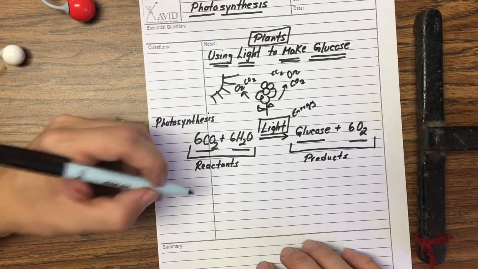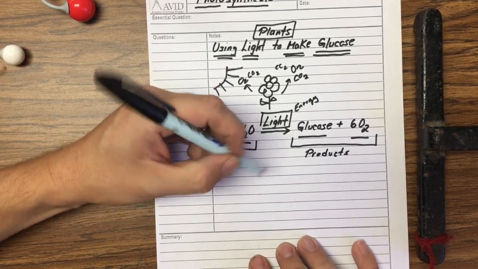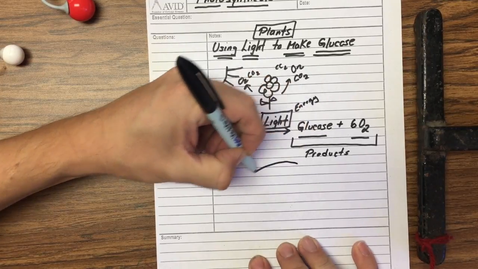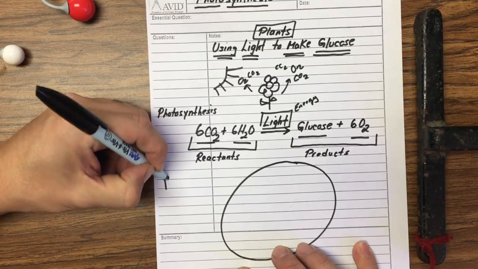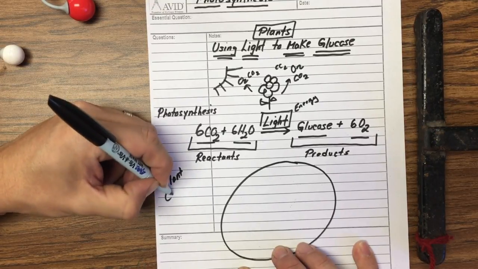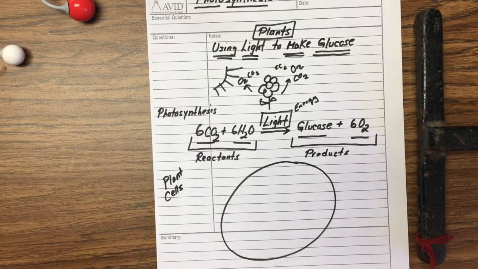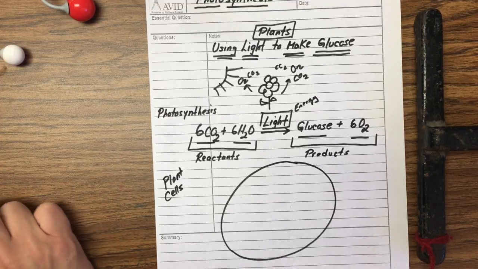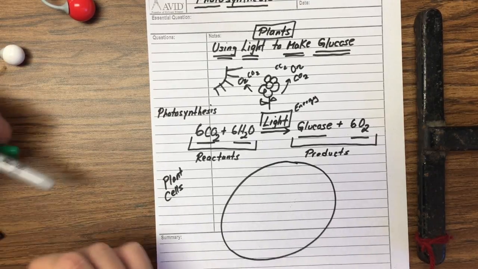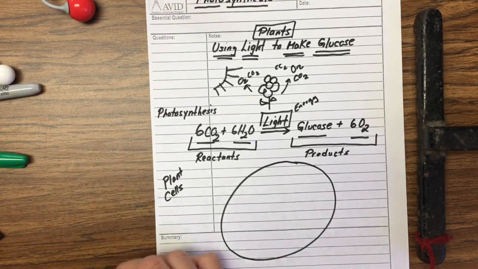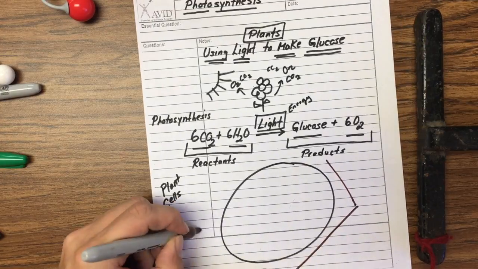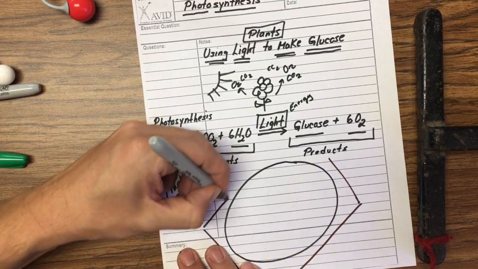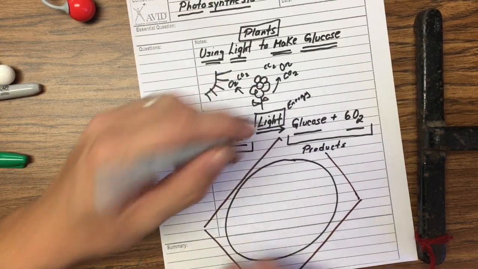Now, where does this happen? Remember, this happens in plant cells. Plant cells have this special cell wall, so we're going to draw it here. When we did our microscope lab, you guys were able to see the cell wall.